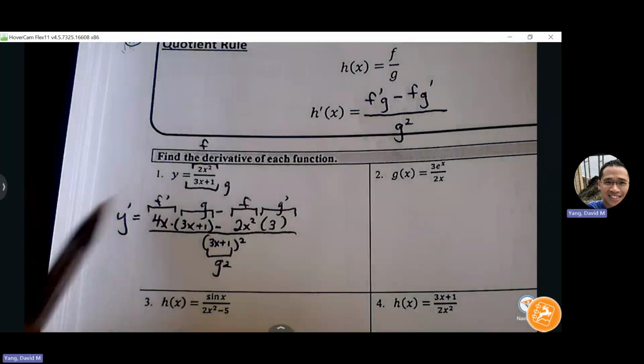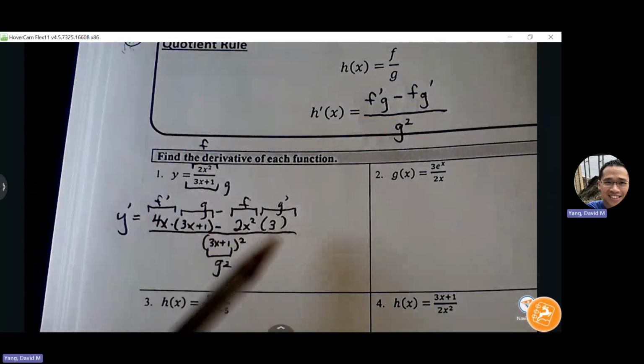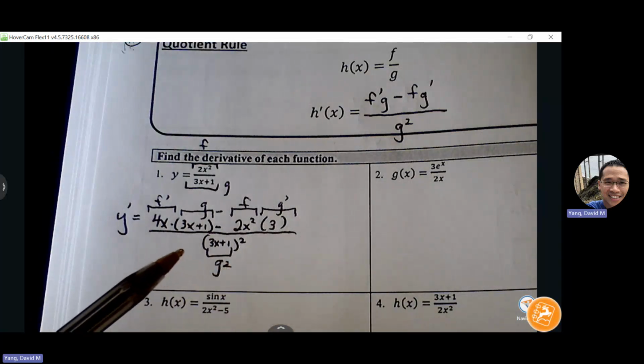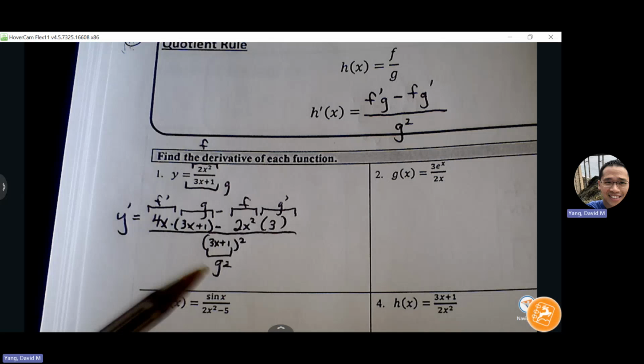And for now, I just want us to practice cleaning up all the way. I think that will be good for later on when we're having to do critical points and further down the line. But leaving your answer unsimplified is okay, but just for practice purposes, let's see how far we can get to clean up all the way.